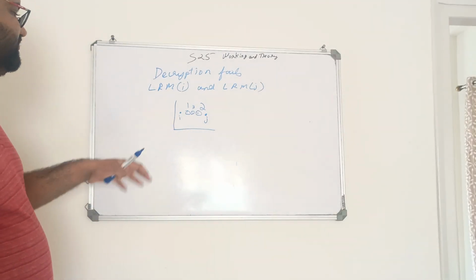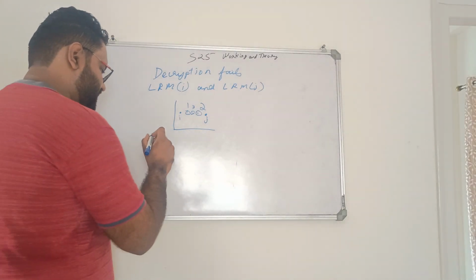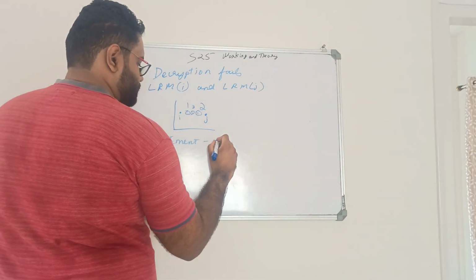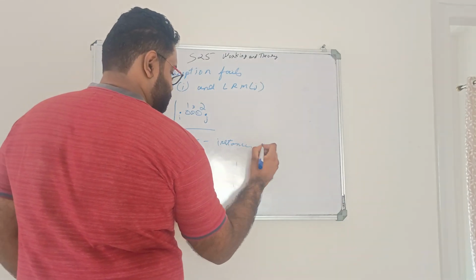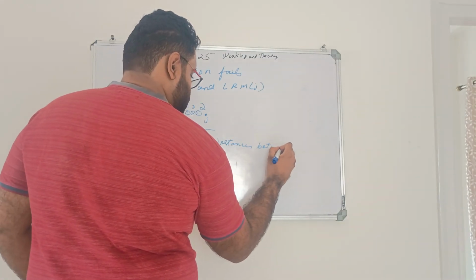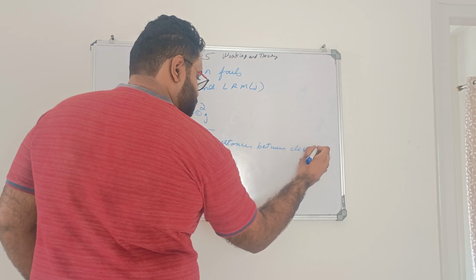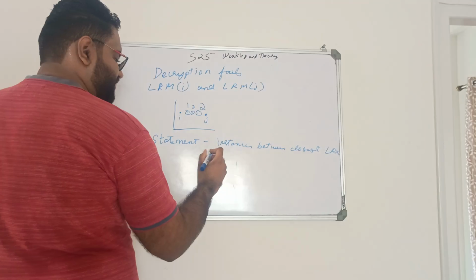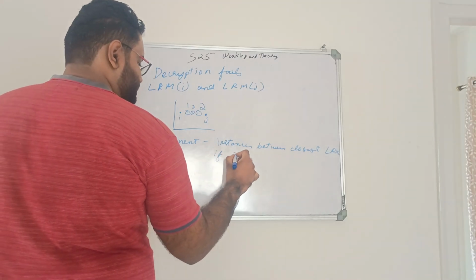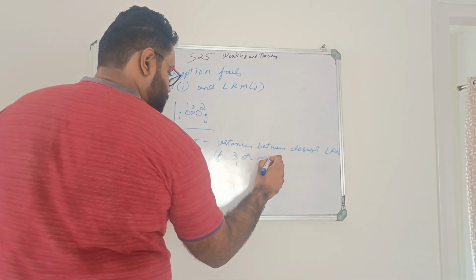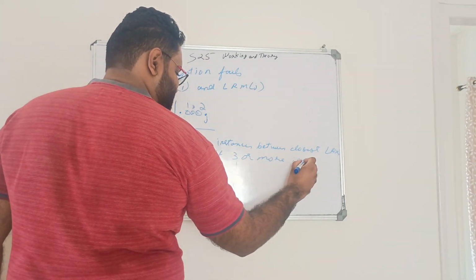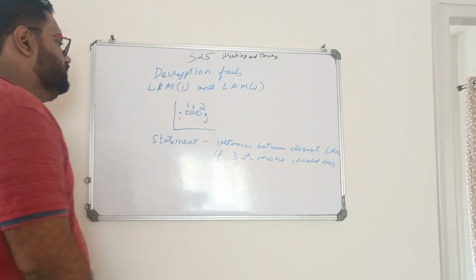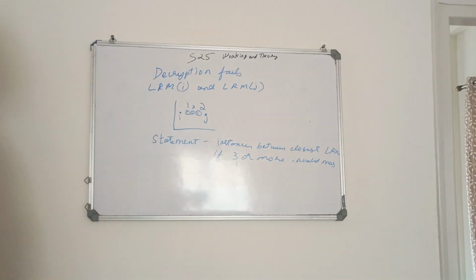So in instances between closest LRM, if it contains 3 or more invalid messages, we are going to encounter a decryption failure.